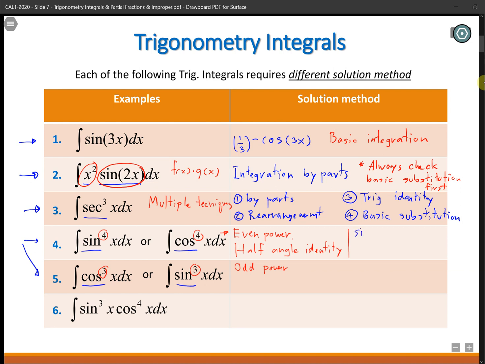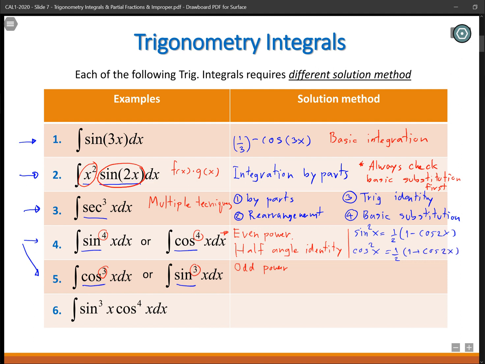Sine of x square equal to 1 over 2, 1 minus cosine 2x. And we have this cosine x square equal to 1 over 2, 1 plus cosine 2x.